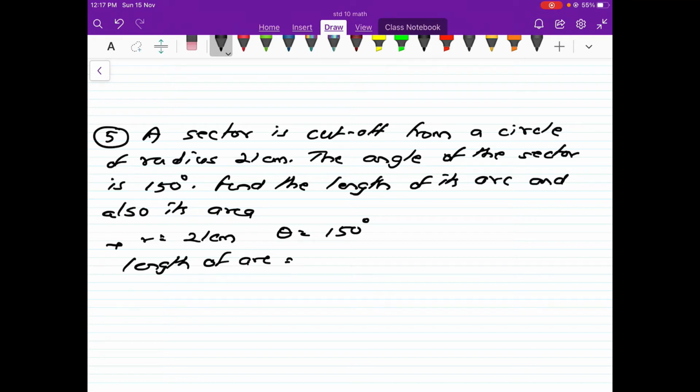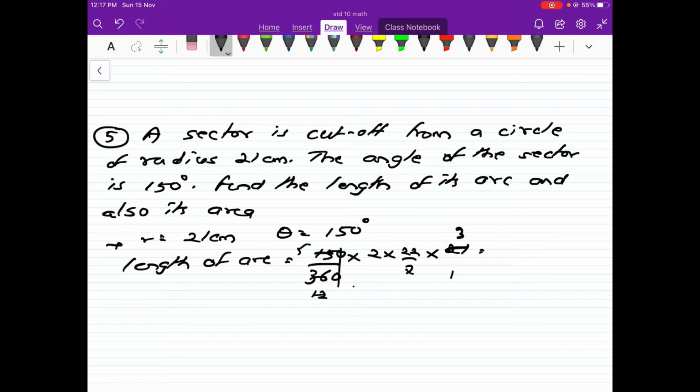It is theta upon 360 into 2 pi r. So this gets cancelled out. So 3 5s are, 3 12s are, this is 7 1s are 7, 3 7s are.